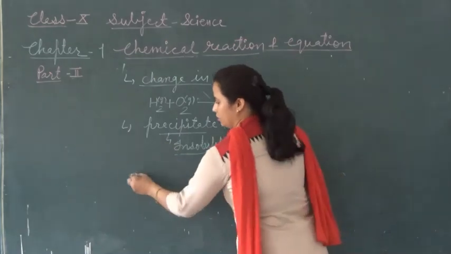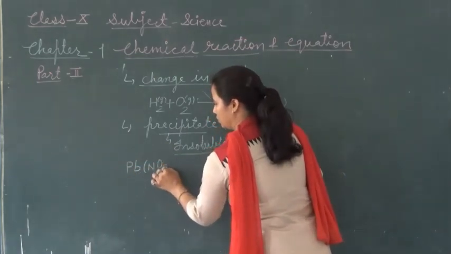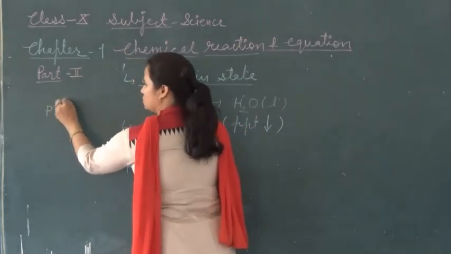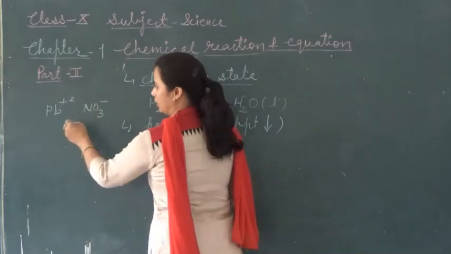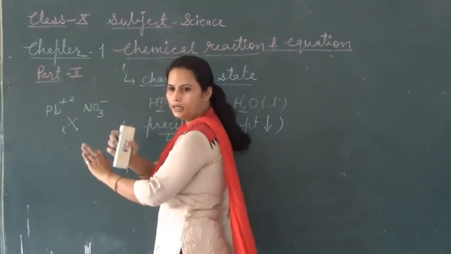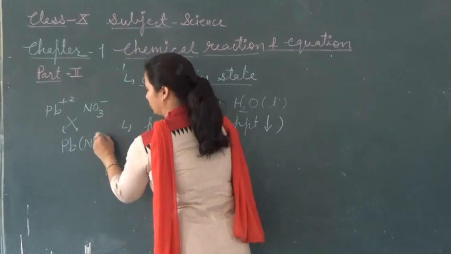I told you one example: lead nitrate, Pb(NO3)2. How is it formed? Pb plus NO3 is a functional group, NO3 minus. When both react, plus and minus neutralize and the valencies interchange, that's why it forms Pb(NO3)2.